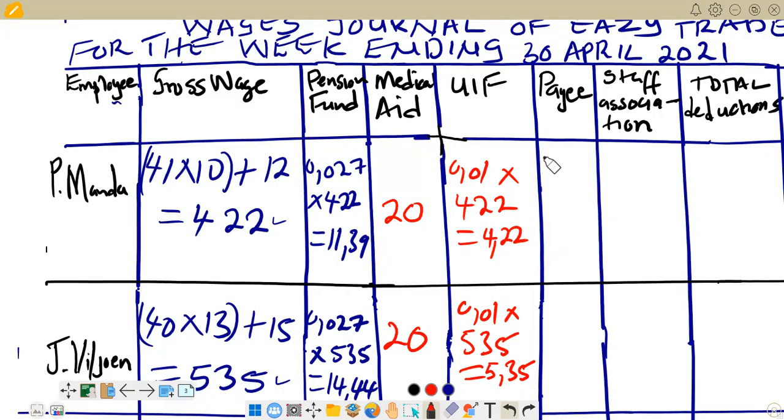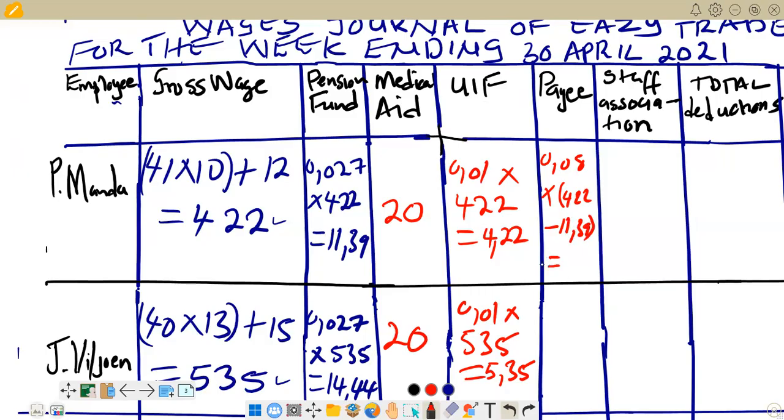So we are saying 8% is 0.08, and then we multiply by, maybe you can put brackets there, we are subtracting from the gross wage, which is 422, the pension fund, which is 11.39.